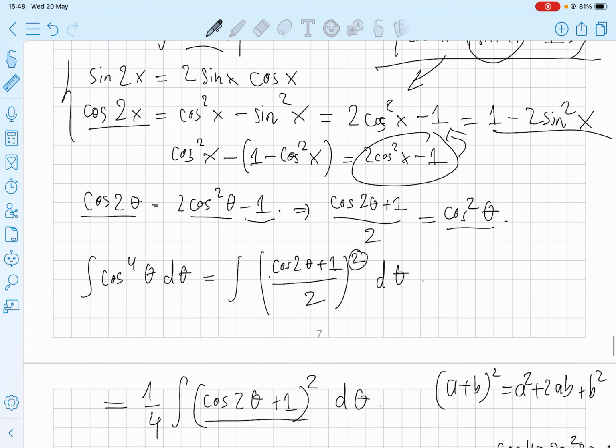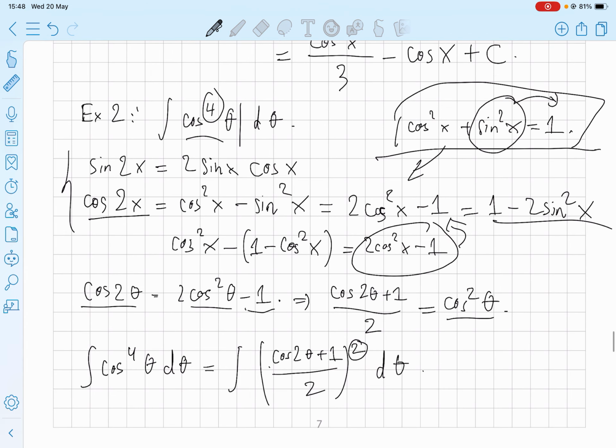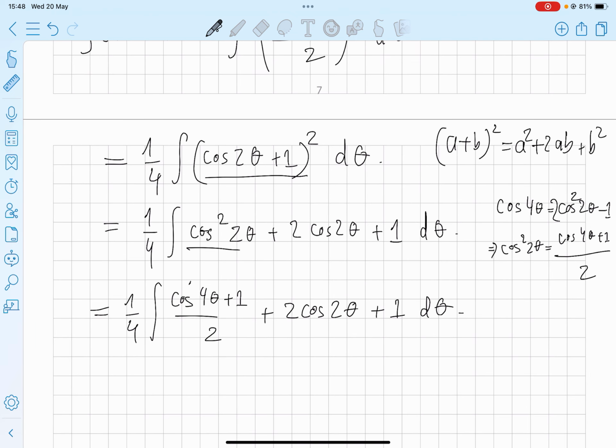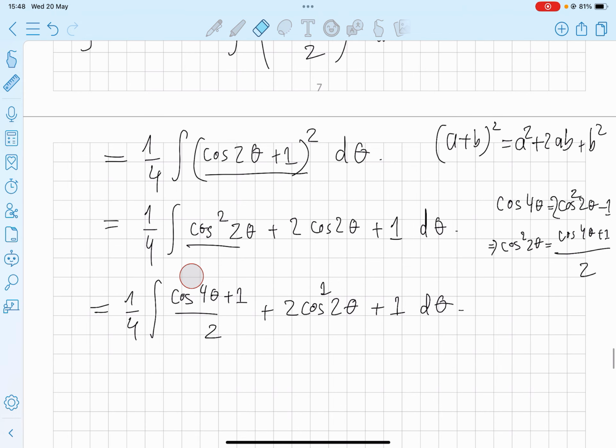And you see we went from a really big power, the power of 4, and now we only have power of 1, so it's really easy for us to find the value of the integral.